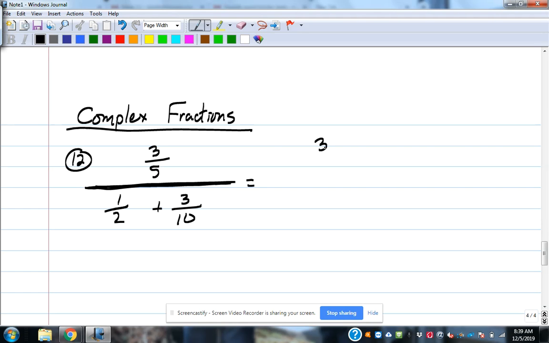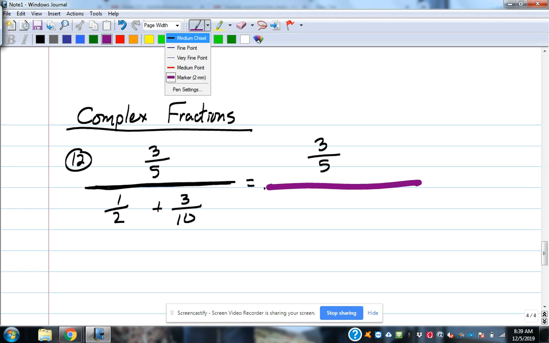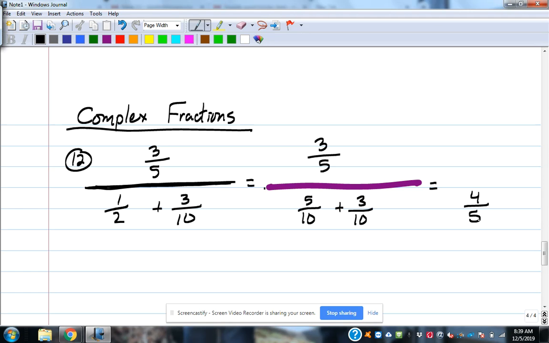So 3/5 is going to carry over, and then fraction bar. And so I need to add 1/2 and 3/10 together with a common denominator. So that'd be 5/10 plus 3/10, which is 8/10, which reduces to be 4/5.